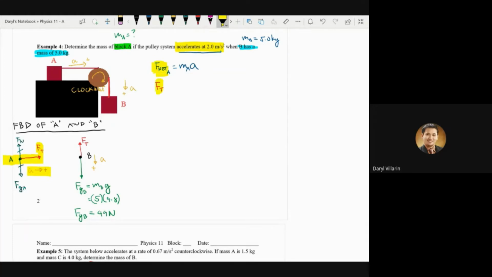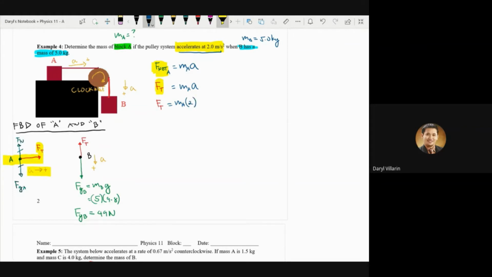Again, it's just Ft is equal to the mass of A times the acceleration. Well, if you can see here, acceleration is given as 2. So you can have Ft. Remember that I don't know the value of Ft yet, so I'll just leave that as Ft is equal to, and I don't know the value of Ma as well, so I'm just going to leave that one as Ma.